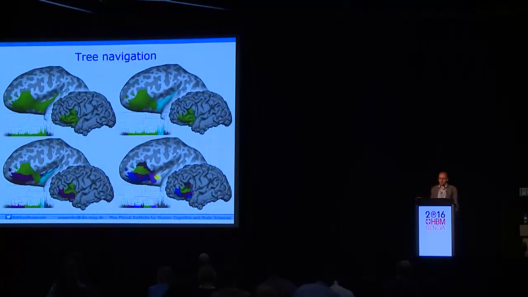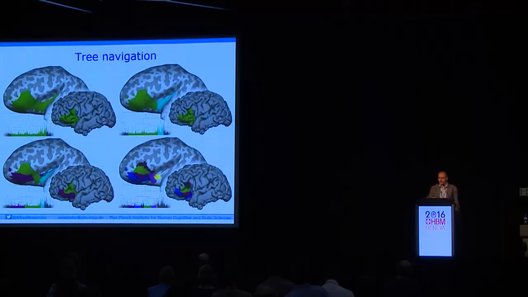If we have such a tree, we can take a region, like here the green region on the upper left, out of the tree, and then we can navigate through this tree and cut it at different levels. So if we go to the upper right, we cut it into just 2 areas, and then if we lower this threshold, we can cut it into 3 areas, or if we lower the threshold further, we can subdivide this infrafrontal area into smaller regions.